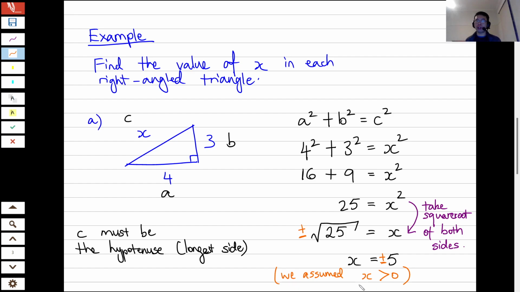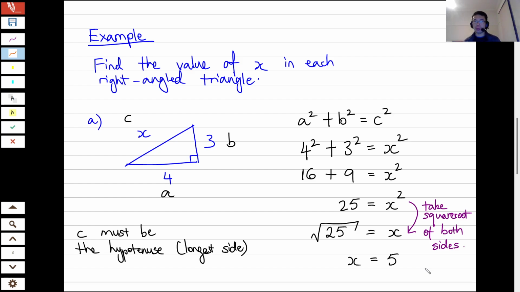If you've solved quadratic equations, you know there are two solutions, but in this case, because we're dealing with length, we implicitly assume that x was a positive number, and so we can just throw away the negative solution, negative 5. Okay, so that's the solution. The 3, 4, 5 triangle is the simplest case of a right-angled triangle where the lengths are whole numbers. So we're done.